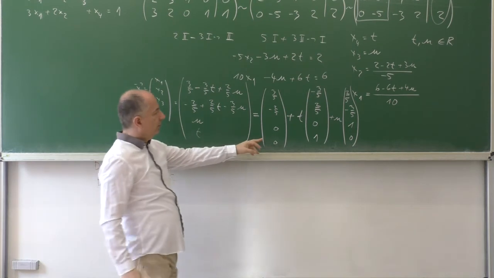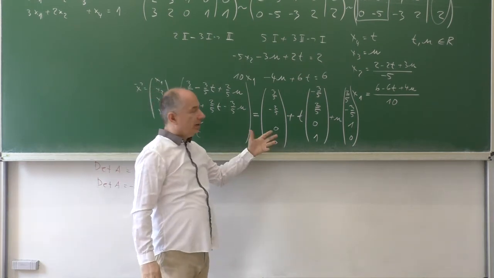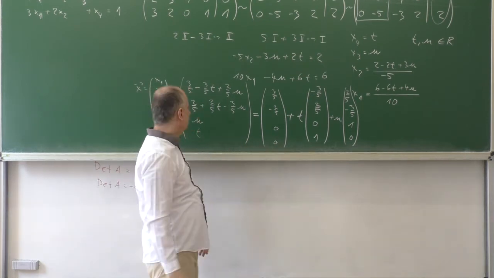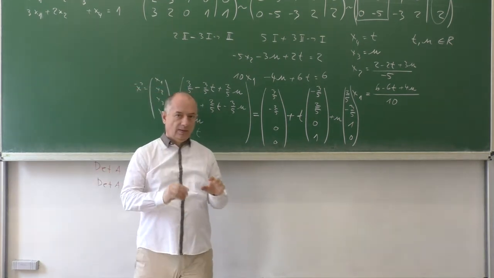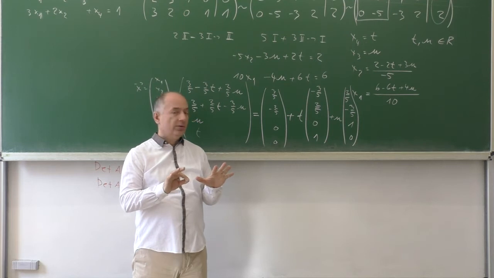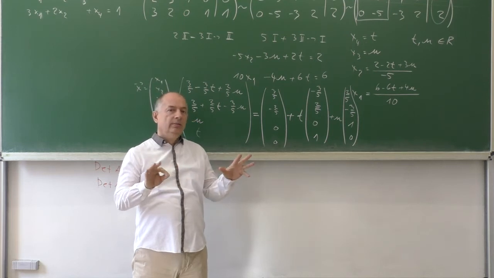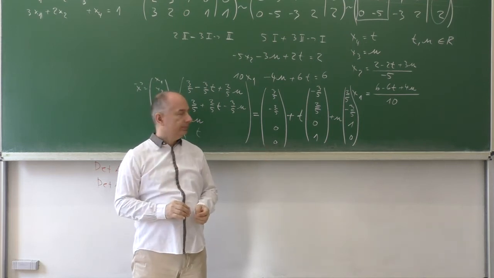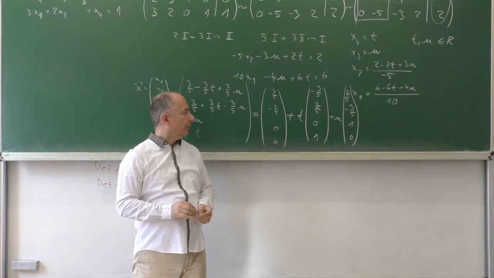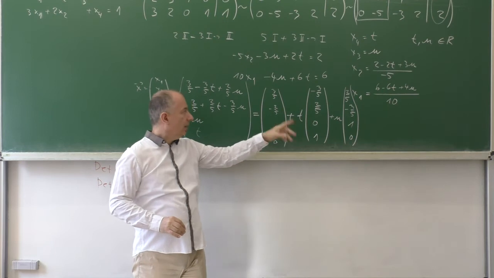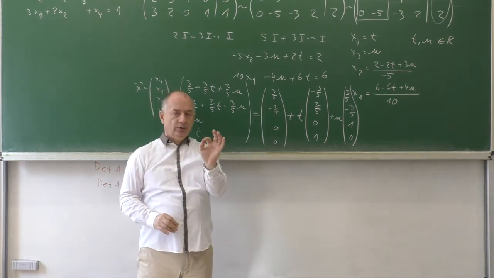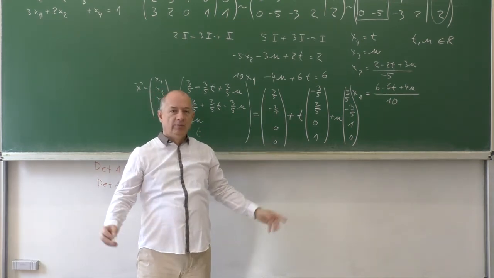Because this form allows a nice geometrical interpretation. The set of all the solutions forms one natural geometrical object. Which one? If it were just this column, nothing more, then it will be a fixed point in some four-dimensional space.